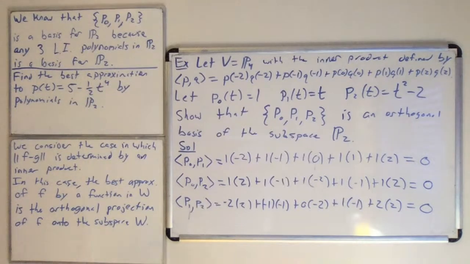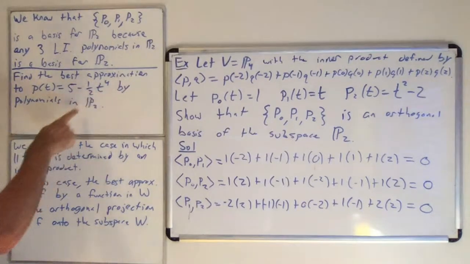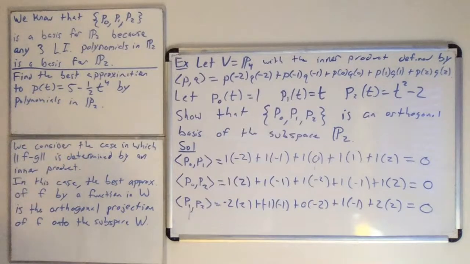Okay, so this is a degree 4 polynomial, and we want to approximate it by degree 2 polynomials. Okay, so how are we going to do this?